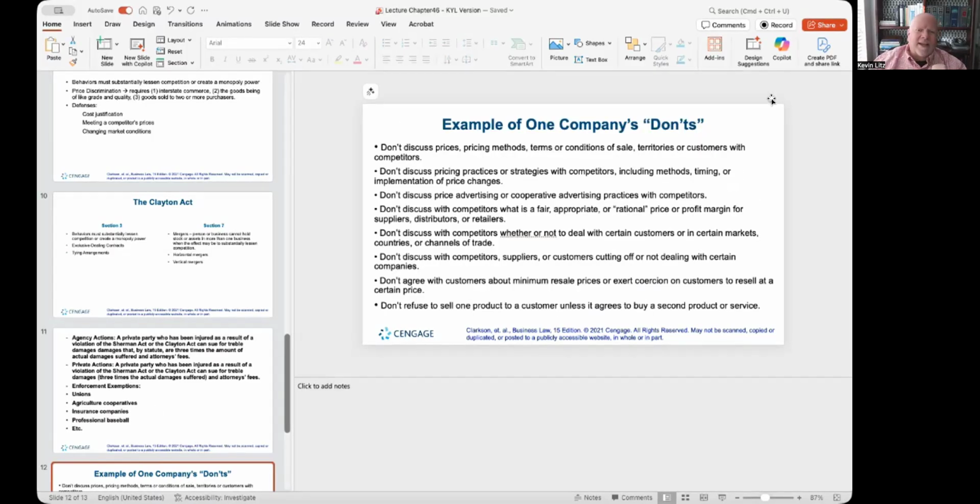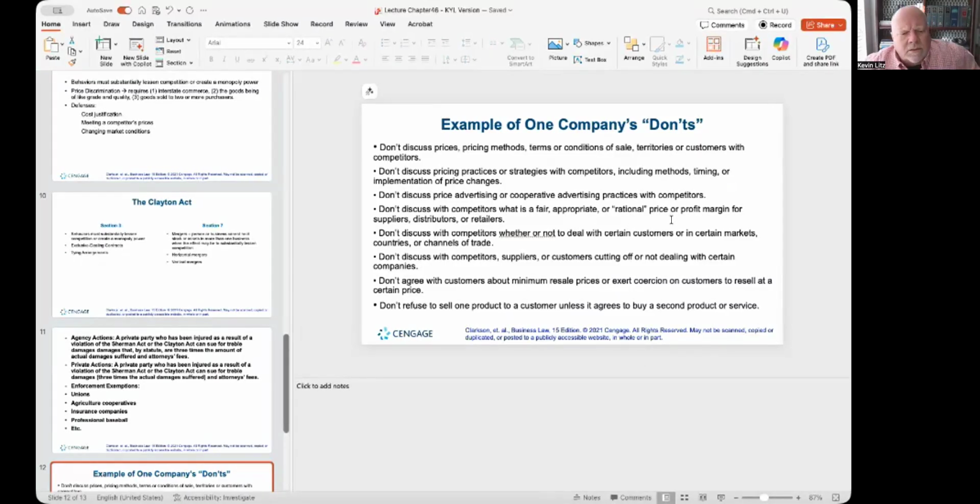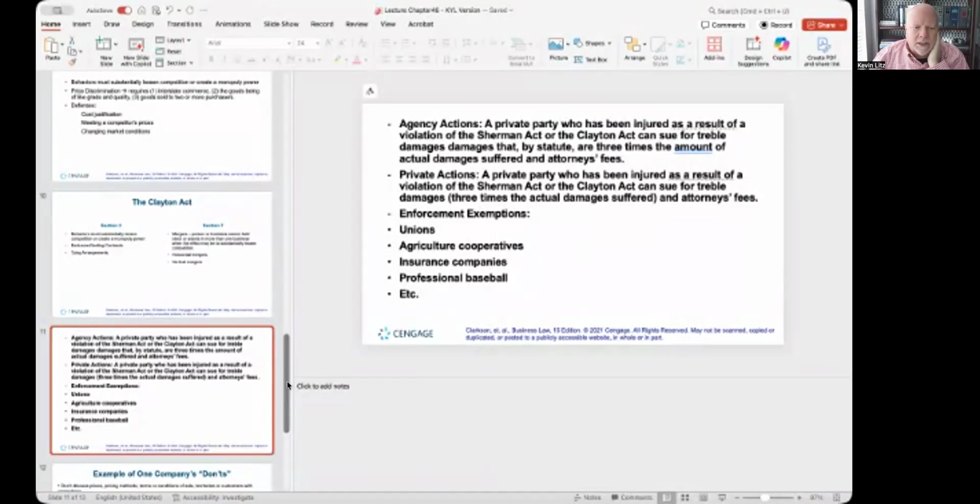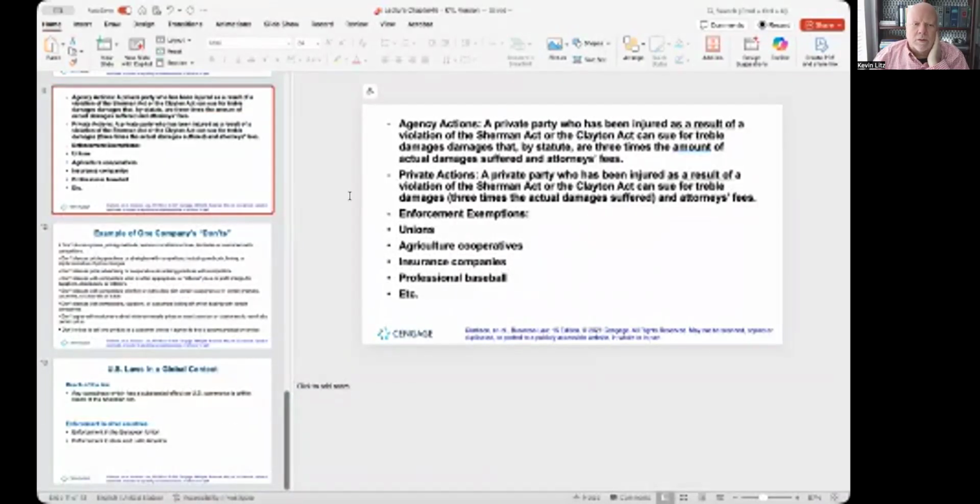Here's something I got from a corporation on their antitrust policies, and these are really good things to remember so you stay out of trouble as you go into your careers.